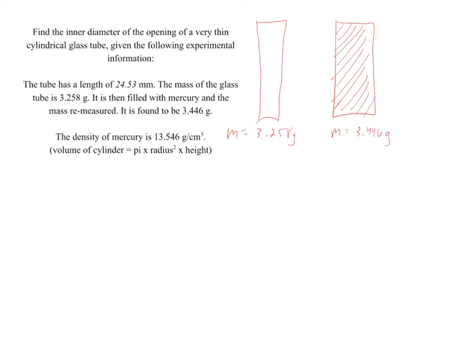Now it says the length of the tube, which is going to be the height of the tube, of course, is 24.53 millimeters. Now inside of here we have mercury. Mercury has a symbol of Hg.